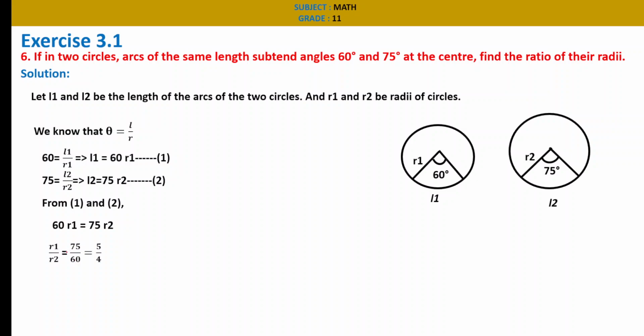Therefore, by transposing R2 to the left side and 60 to the right side, we get R1 by R2 is equal to 75 by 60, that is 5 by 4. Therefore, the ratio of radii is 5:4.